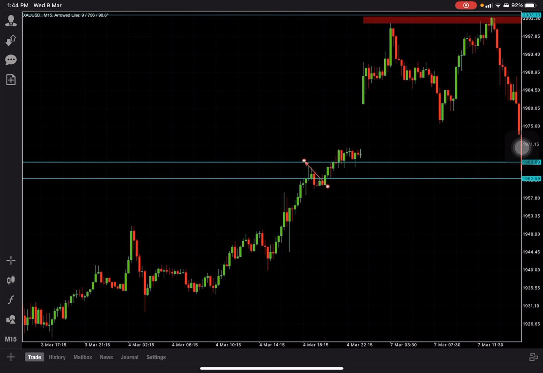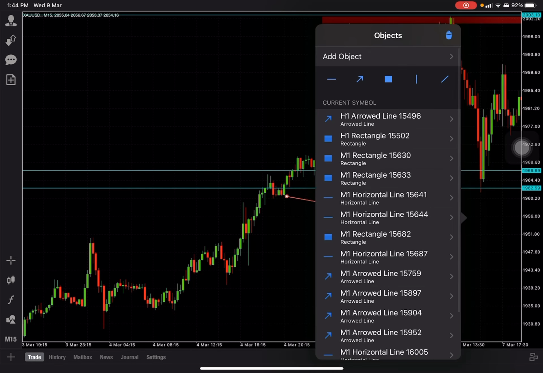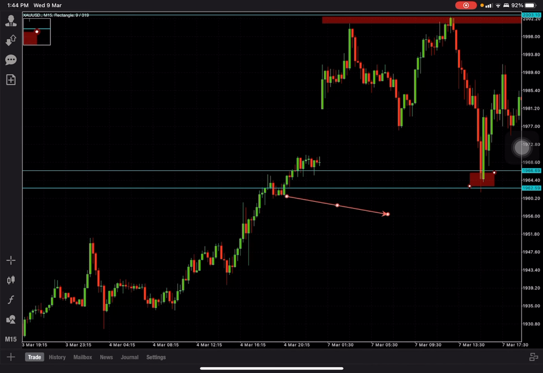So we take back the zone as a buy zone. So we already marked the RBS. Alright, here is the RBS, and we wait for the price to come back here.